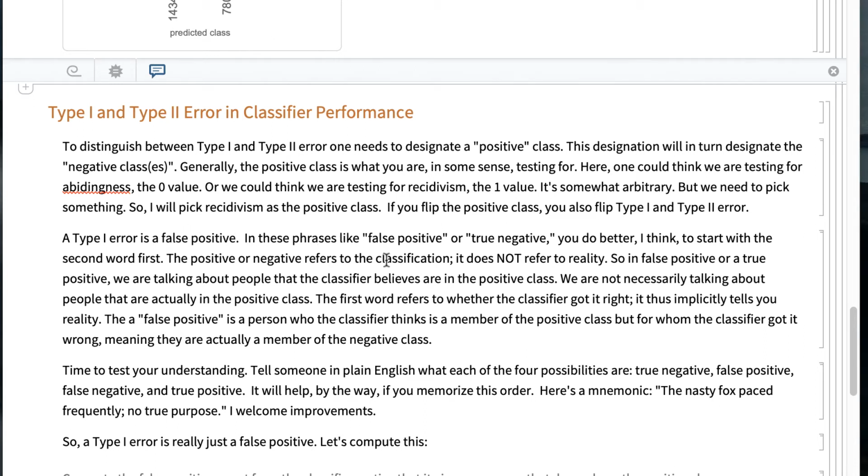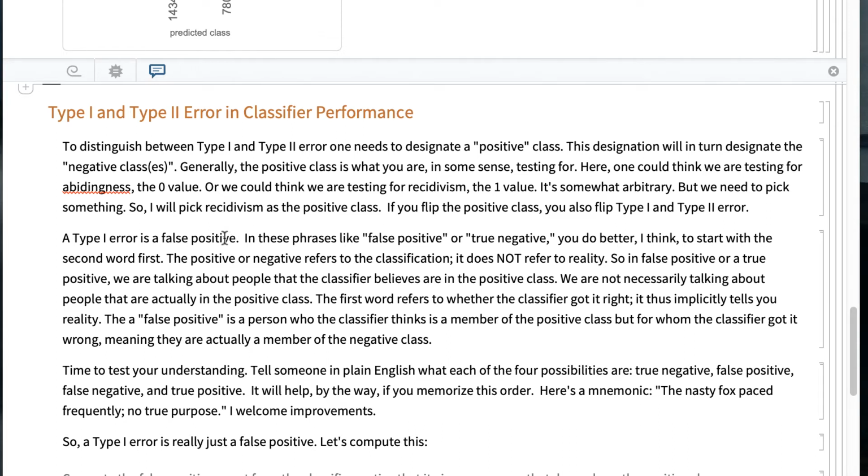In these phrases, false positive, true negative, I like to start with the second word first. That's your prediction. It doesn't refer to reality. It's what you predicted. The first word is whether your prediction was correct or not.